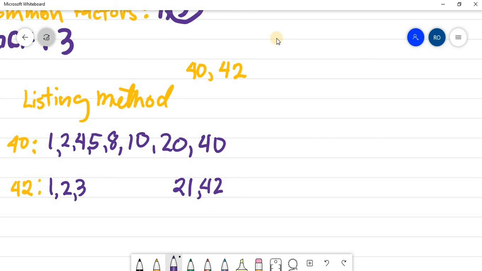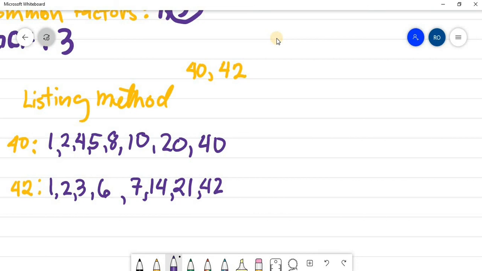The answer is 14. What about 4? Okay, 4 is not a factor of 42. 5 is not a factor of 42. Let's have 6. 6 times 7 is 42. Now, there are no more factors for 42.